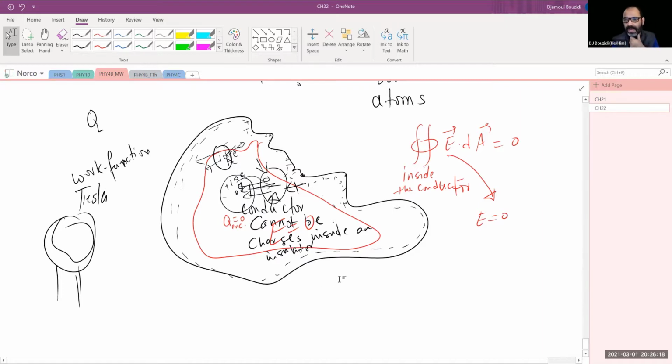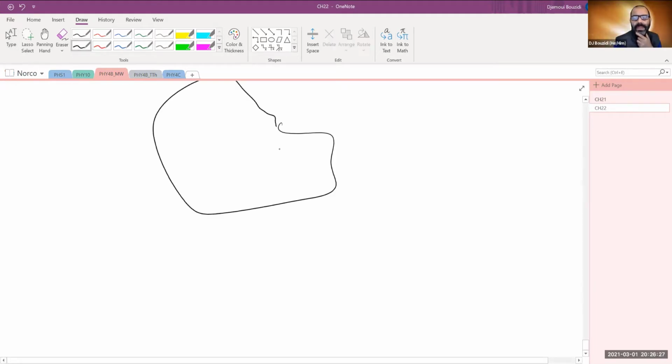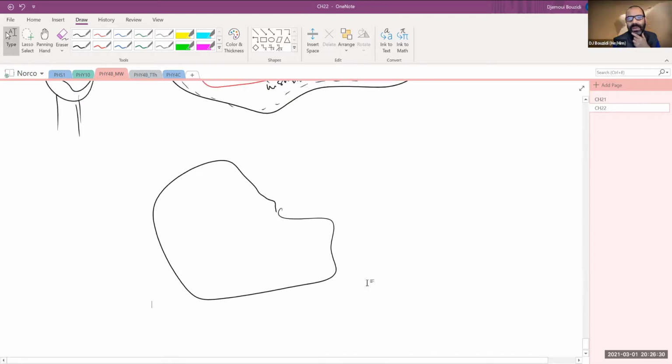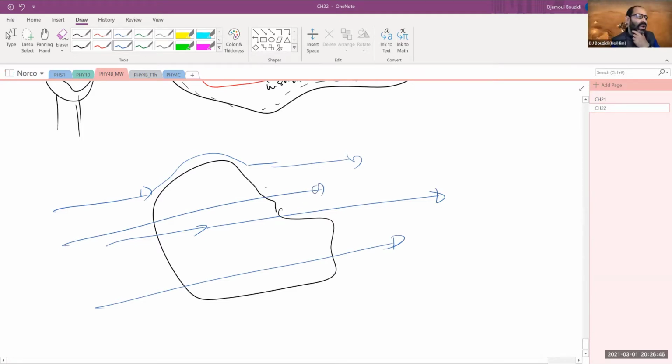That's interesting, because I can take a conductor now and apply to it an external electric field and see what's going on. If you have a shape, it doesn't matter if it's a sphere or anything, and you apply an external electric field to it, that electric field can go around it, but it's not going to go inside of it. If it goes inside, the charges inside will move around in such a way to compensate for this electric field.